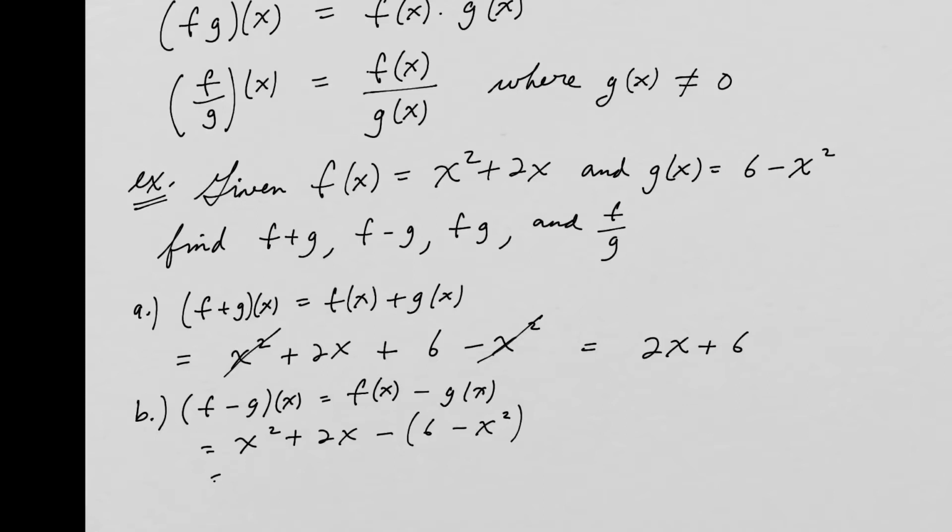This is the same as x squared plus 2x, and if I distribute that negative 1, it'll be minus 6 plus x squared. And then if I combine like terms, this will be 2x squared plus 2x minus 6. So that's the difference of those two particular functions.